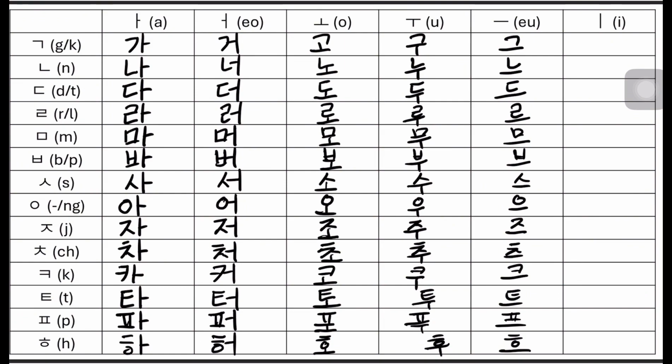And the last one we have, okay, with our I, which is pronounced as E. So gi. With N, ni. With D, di. With R, ri. With M, mi. With B, bi.